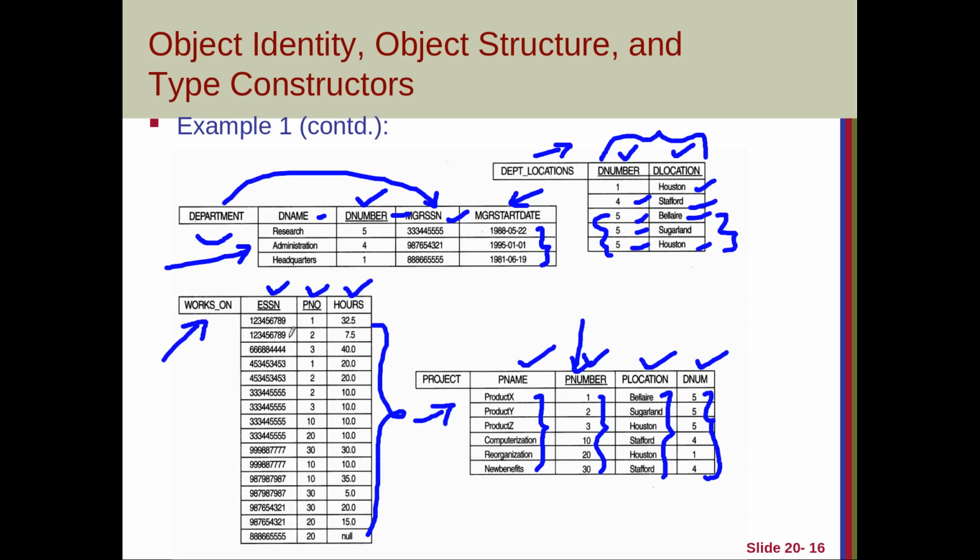Another employee is working on project number 2 for 7.5 hours. And here you can see one employee working on two different projects, one for 30 hours and the second for 10 hours. Similarly, some of the employees are working on more than one project. That description is given in this works on table.